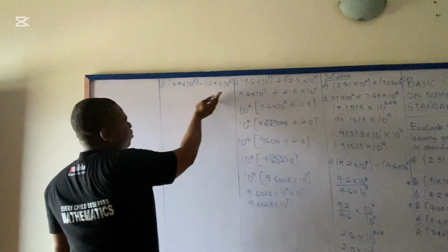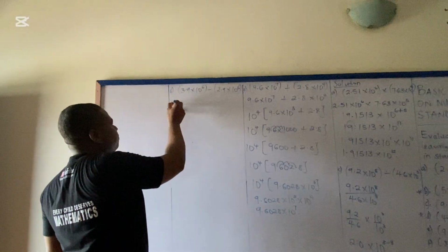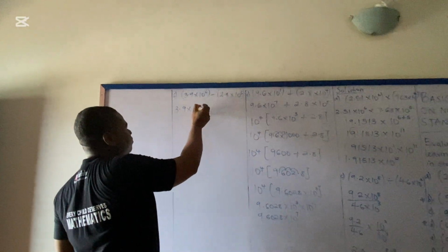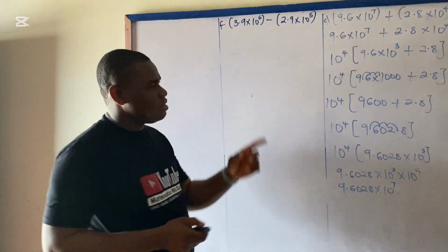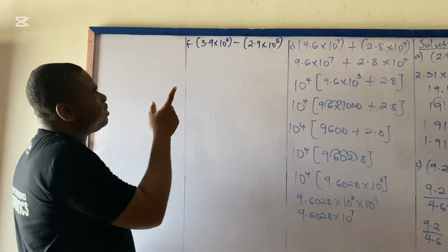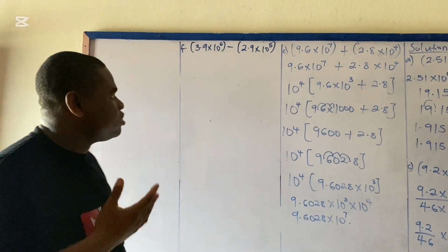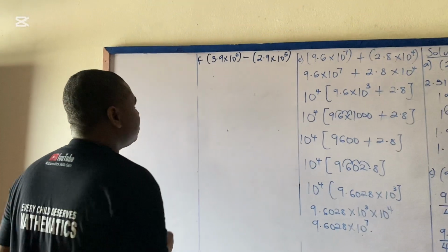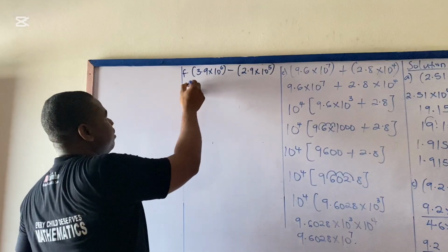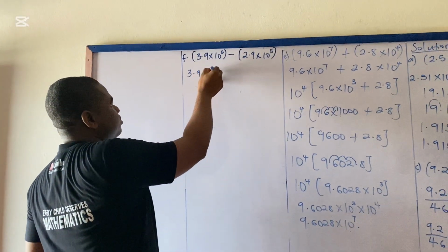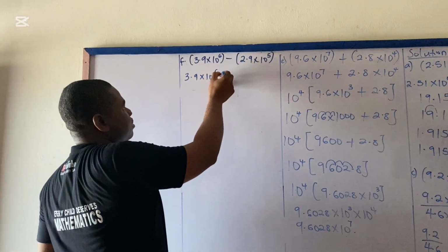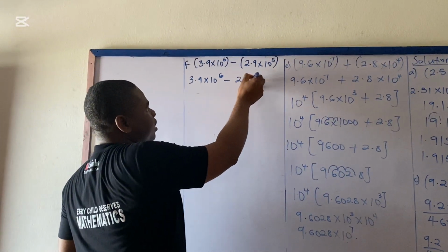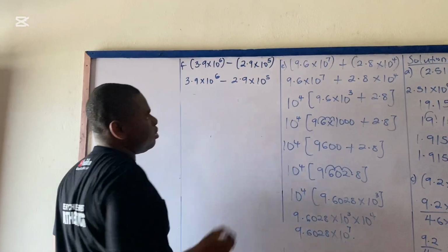So now I'll open the bracket to have 3.9 times 10 raised to the power of 6 minus 2.9 times 10 raised to the power of 5.